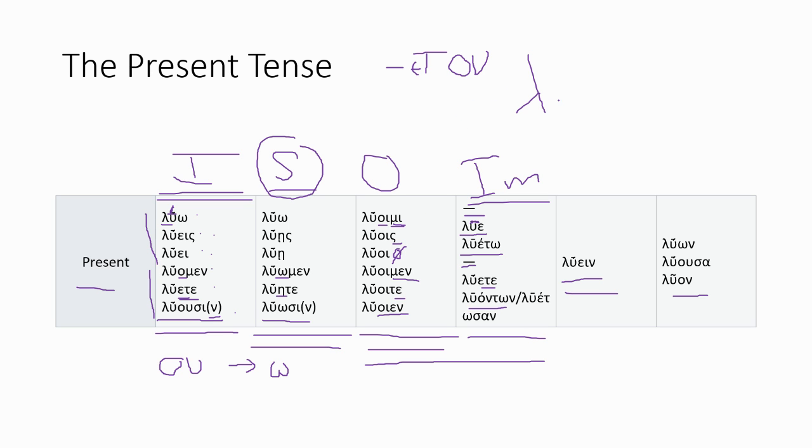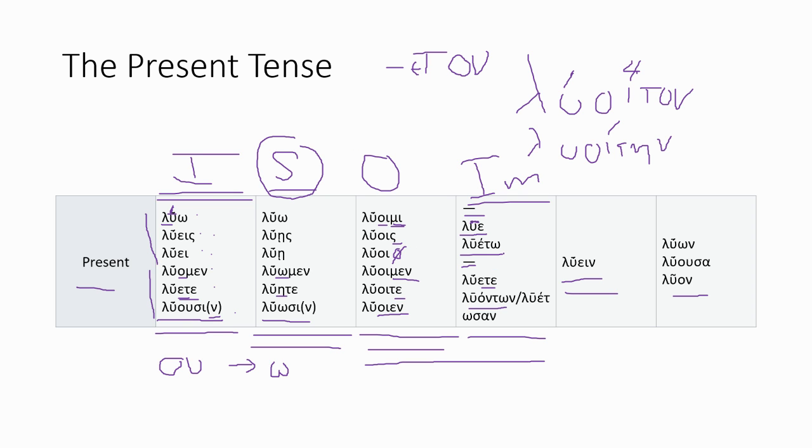So we have li oi ton, and for the third person, it changes. So this is sort of an exception. Sorry, li oi ton, accents here, and li oi tan. And then for the imperative, it's lieton, so exactly the same as the indicative.